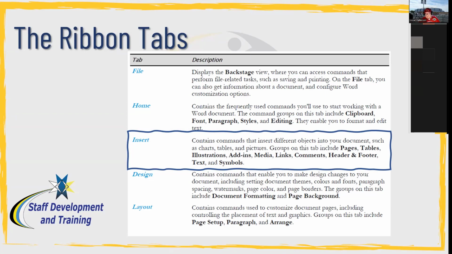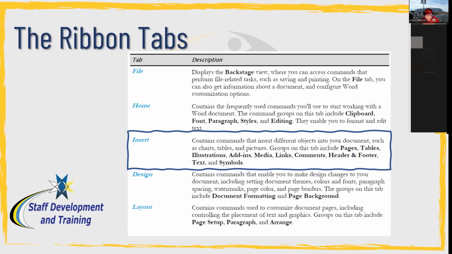Styles is like pre-formatted styles that have been incorporated into your application software. If you don't want to go through the trouble of formatting a particular type of paragraph, you can venture into your styles group to accommodate you. You also have your editing group, where you can do the find and replace feature. So these are within your home tab.